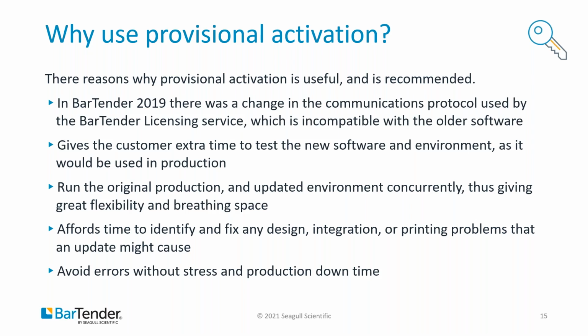If instead you let the provisional licensing period elapse or expire, then that provisional license server will deactivate and your existing in-production license server will be the only license server in operation. So it's important to do your upgrades and your testing before that period runs out.